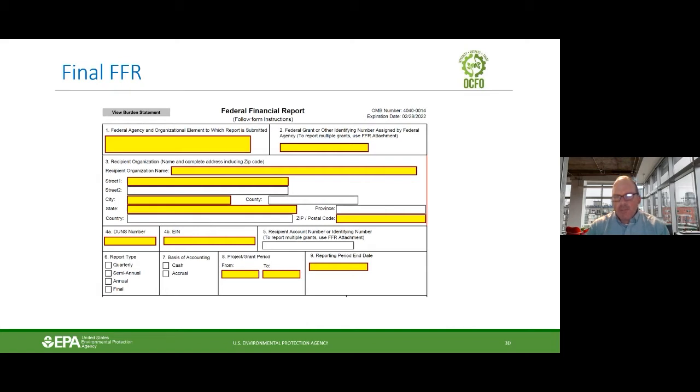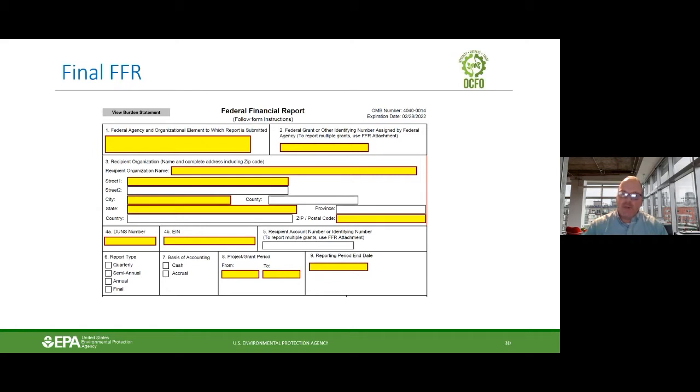So block number 6 is your report type. This is important, especially for your final report. One of the things that we do get is recipients who think they're submitting a final report, but they check the annual box, right? And we're chasing the final report to close out the grant, and the recipient will say, well, I already submitted that.